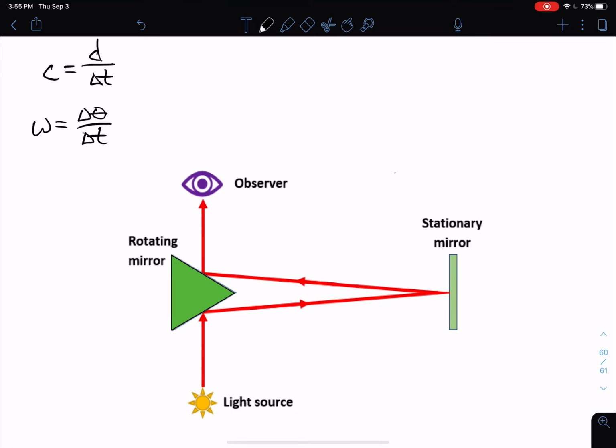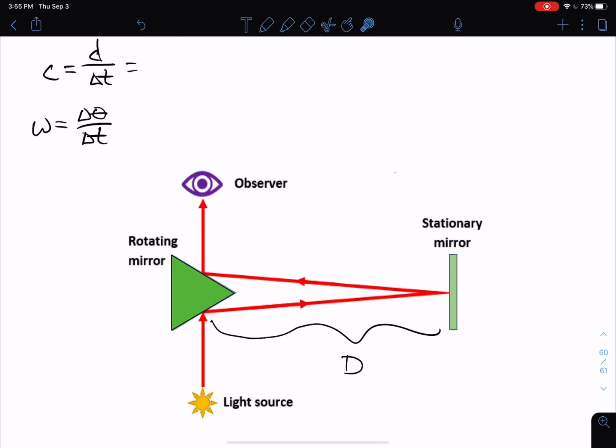These are actually the two equations that we need, these two here. And this here, so we're going to use this formula. c is d over delta t. So this distance here, we'll call that capital D. And that means that the light has to go there and back. Now, yes, the light also has to do this little bit and this little bit.